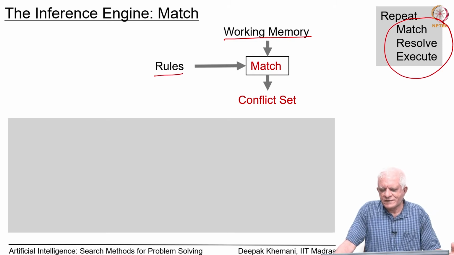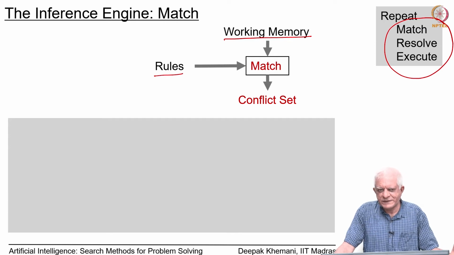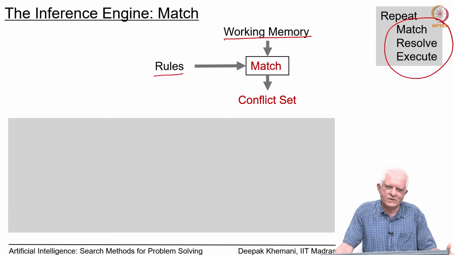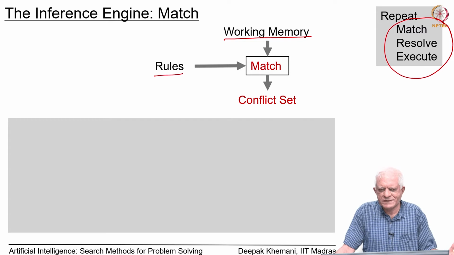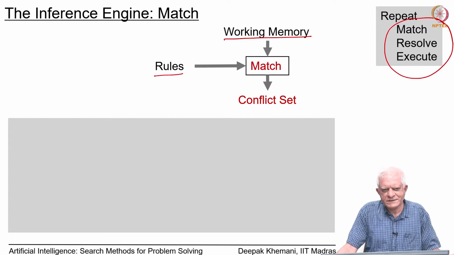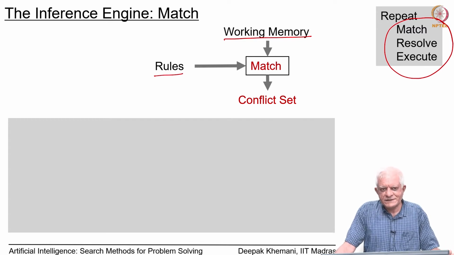And the inference engine is typically an infinite loop of match, resolve, execute. So, it just keeps doing that: match, resolve, execute, match, resolve, execute. One of the execute actions may be to say stop, we are done, we have solved it, give the solution to the user, whatever that may be. But the inference engine itself is in this infinite loop essentially.